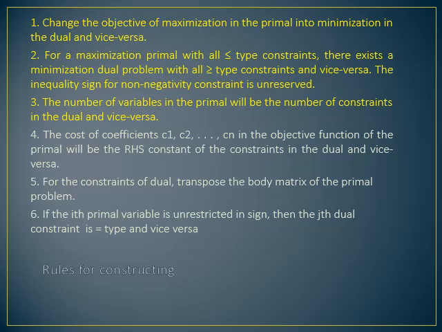And the number of constraints of the primal must equal the number of variables in the dual. So the number of variables in the primal equals the number of constraints in the dual, and the number of constraints in the primal equals the number of variables in the dual.